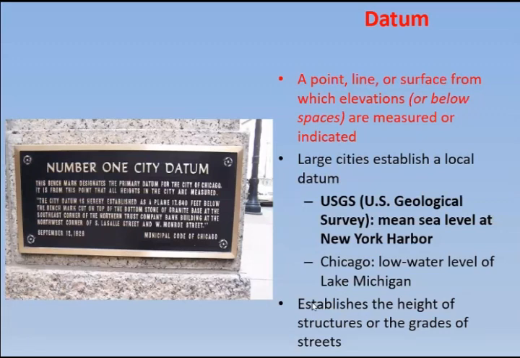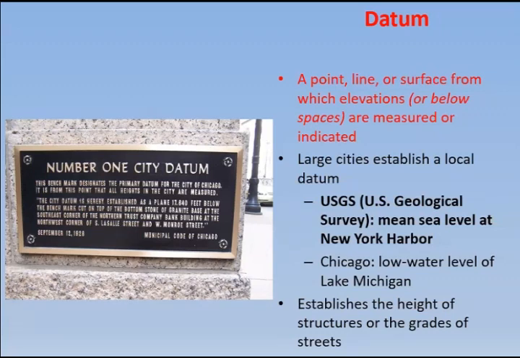A datum is a point, line, or surface from which elevations are measured and indicated. For the purpose of the United States Geological Survey, USGS, datum is defined as the mean sea level of New York Harbor. However, virtually all large cities have a local official datum that is used instead of USGS datum.